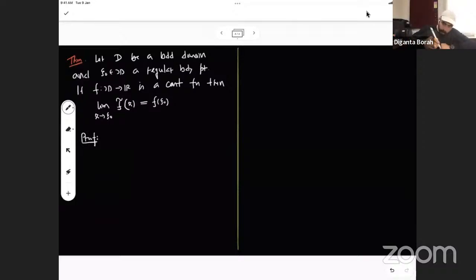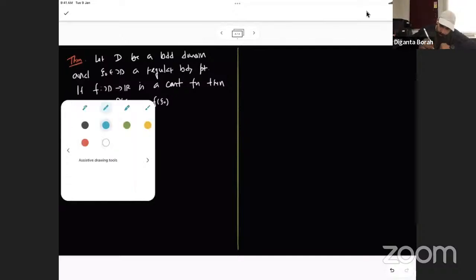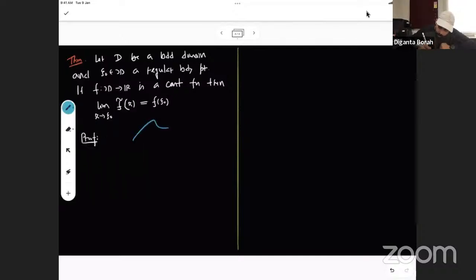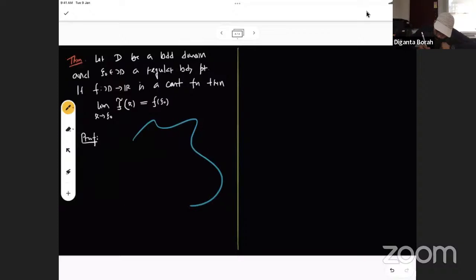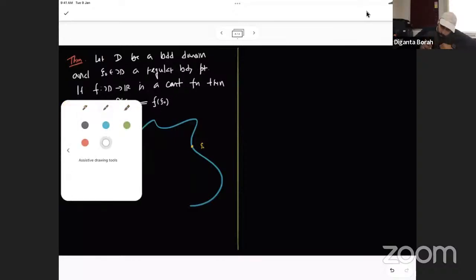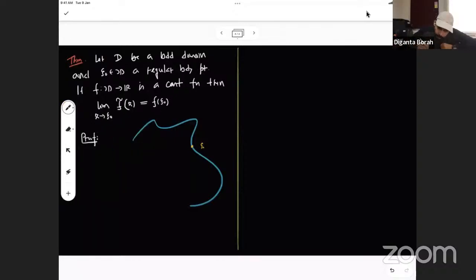So let's keep some pictures in mind. Since this is zeta naught, which is a regular boundary point, we want to prove this.